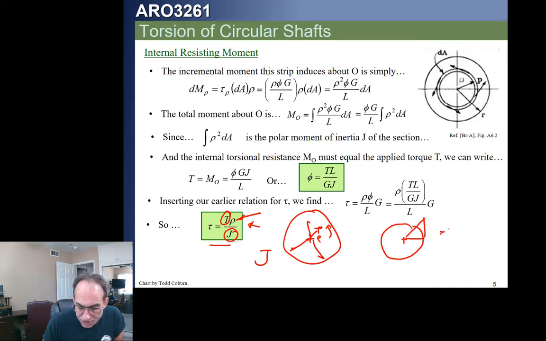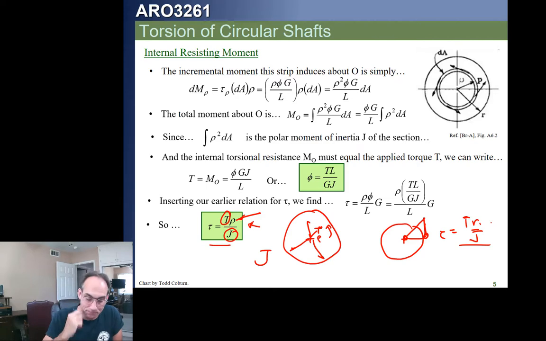By this relationship, the shear stress is equal to TR over J, where R is just the radius at any point. Normally, we don't plug in all the radii from the center out to the outside. Usually we're just focused on the maximum stress, which is going to occur at the outside of this thing. The stress is going from 0 to the maximum value of TR over J if R is the max radius.